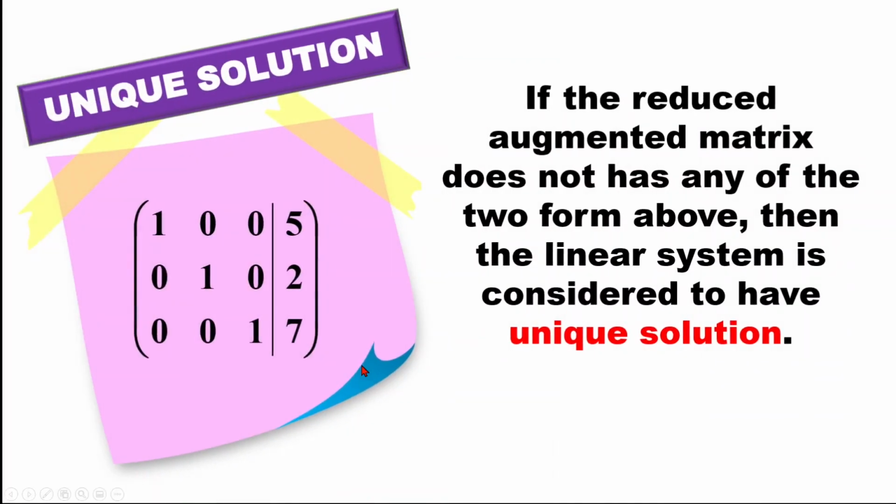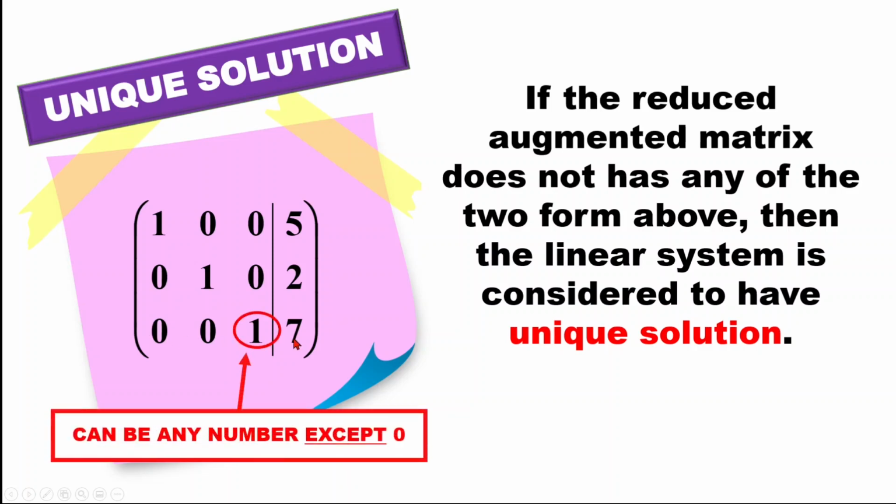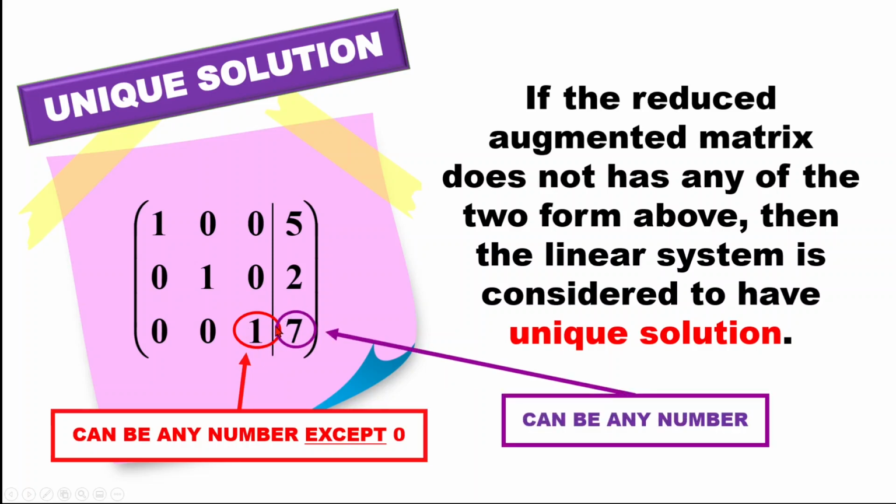Okay, and if the system has a unique solution, when you transform it to augmented matrix, you will notice that at the end row here, the number here can be any number except 0. Okay, it can be any number except 0. And the number in this position can be any number. Okay, can be any number.